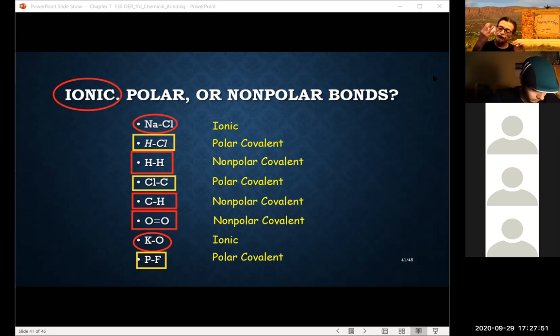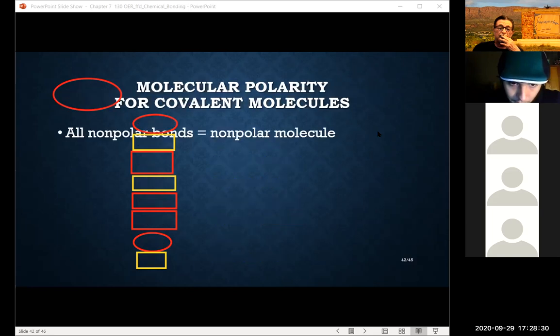There's only 4 types of forces that describe that interaction, that then define such things as boiling point and vapor pressure and viscosity and surface tension. So we're building up, and then we're going to be talking about reactions and whether reactions are feasible or not, based on knowing our polarity.